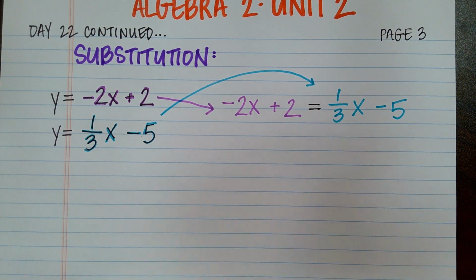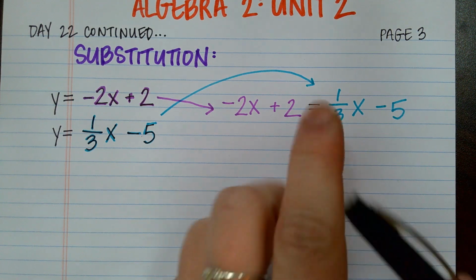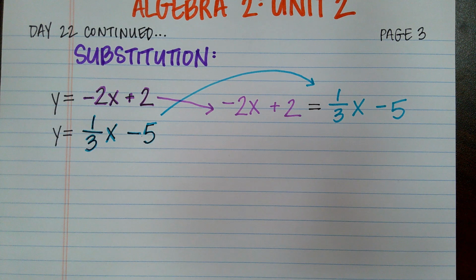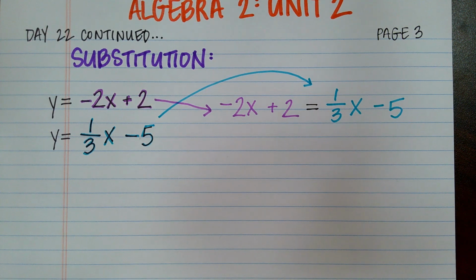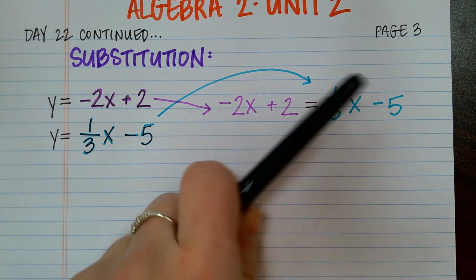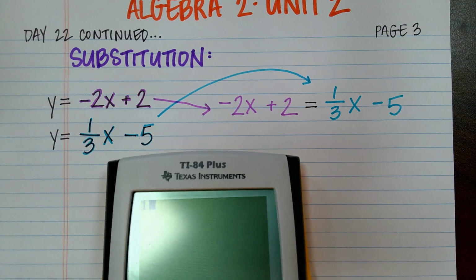Now, sometimes when solving for variables and equations, I find that fractions are not super fun to work with. It throws me off. If you love fractions, that's great. You can keep it like this. However, I'm going to change it to a decimal. You guys remember when we were doing probability and we would get a fraction and turn it to a decimal? 1 divided by 3. We're just going to do that in our calculator.